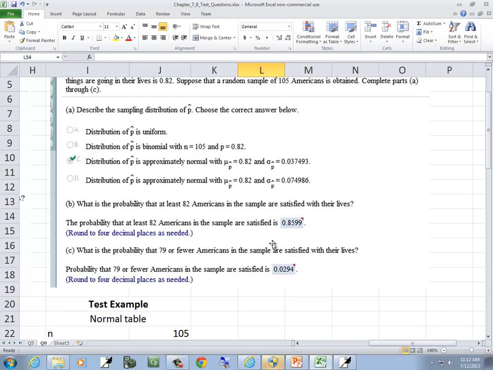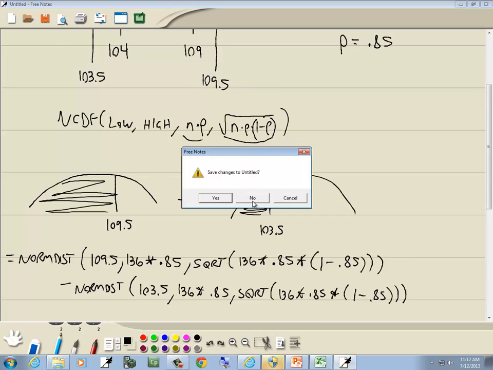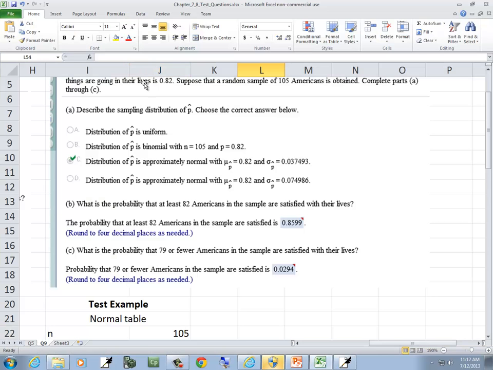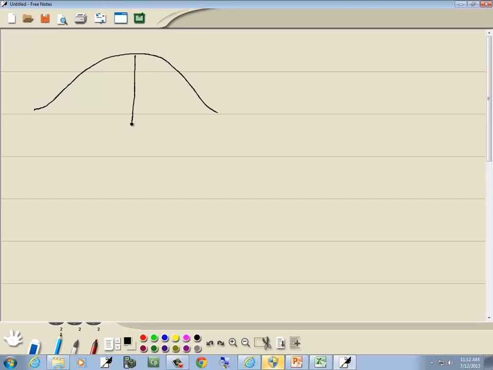They don't give us p hat here, so let me draw a picture of this. My instructions are based upon having p hat. At least 82 Americans. So at least 82 means 82 or greater, like that. Now this is x.